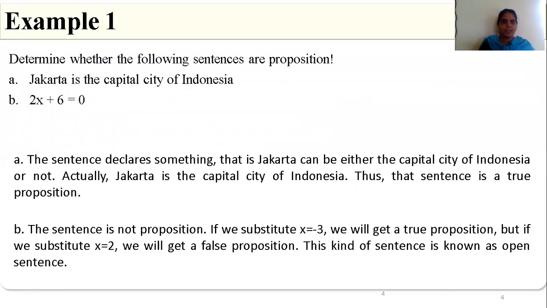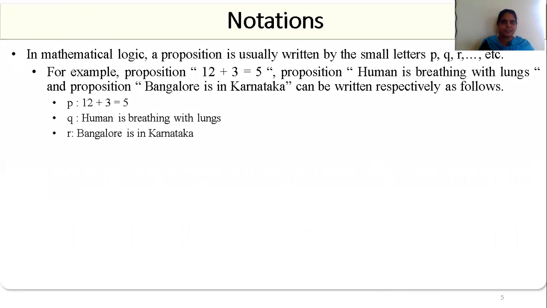Similarly, 2x plus 6 equal to 0 is actually not a proposition, it is an open statement. But if you substitute x equal to minus 3, we will get a true proposition. If you substitute x equal to 2, then we will get a false proposition. Unless and until you replace the x value, it is an open statement. Once you replace it with a value, it will become a proposition.